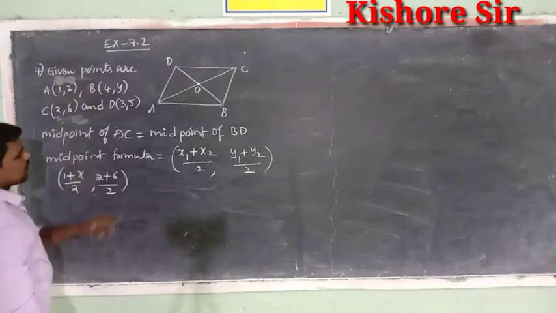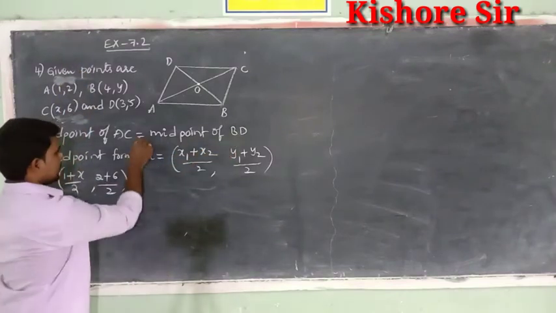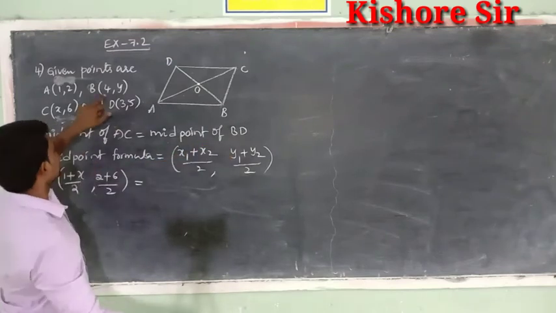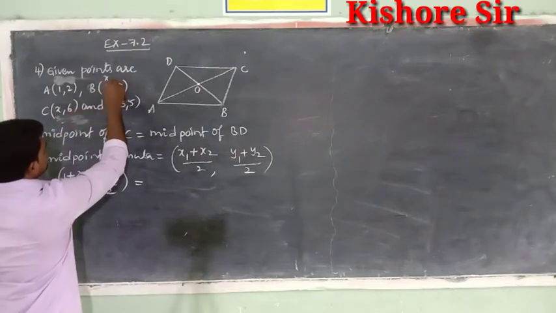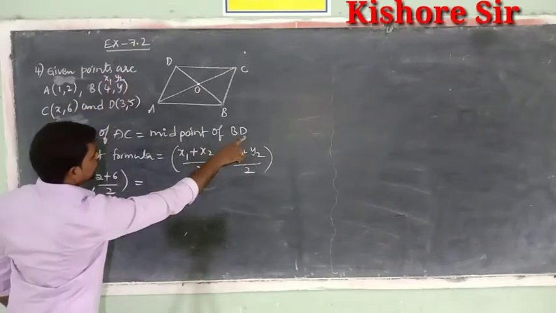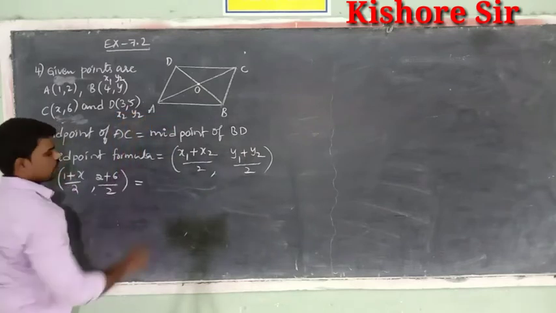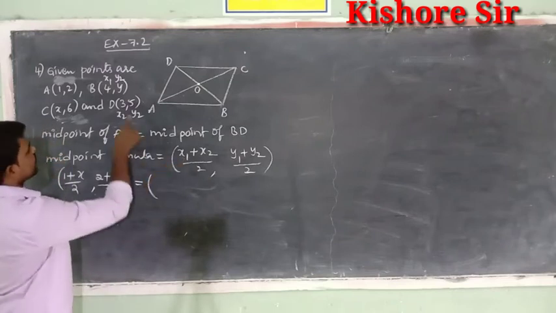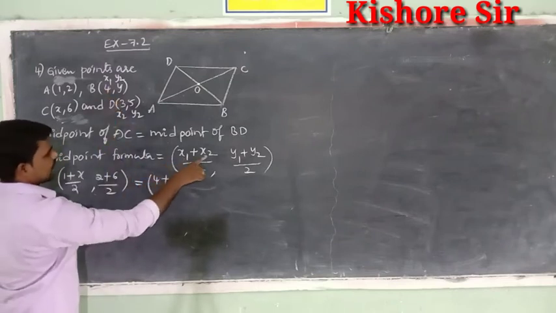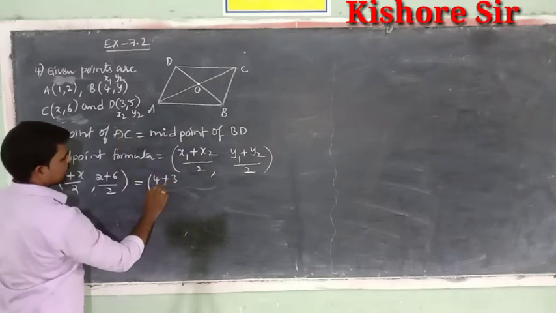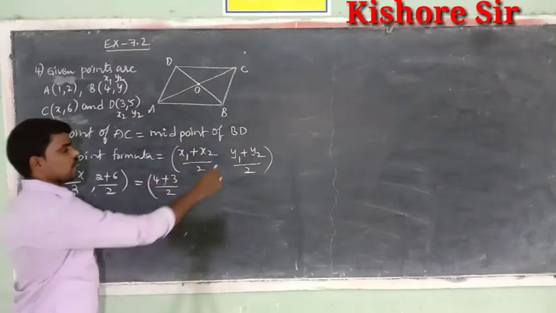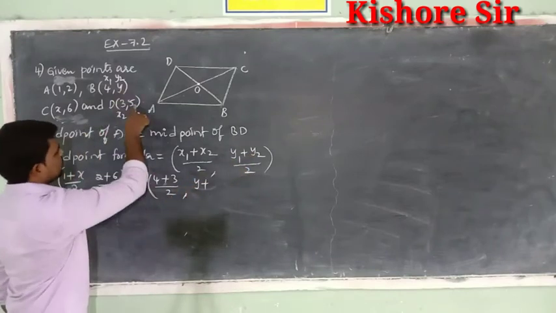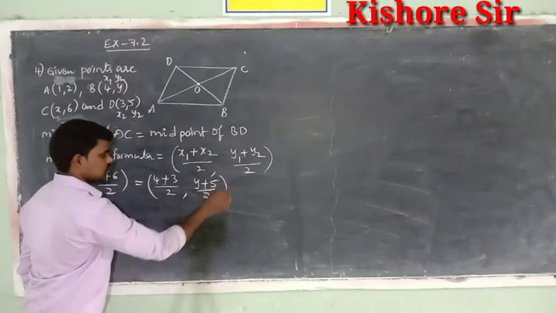Now the midpoint of BD. The first point B is (x1, y1) and the second point D is (x2, y2). The formula is (x1 plus x2) by 2, so x1 is 4 plus x2 is 3, by 2, comma (y1 plus y2) by 2, y plus 5 by 2.